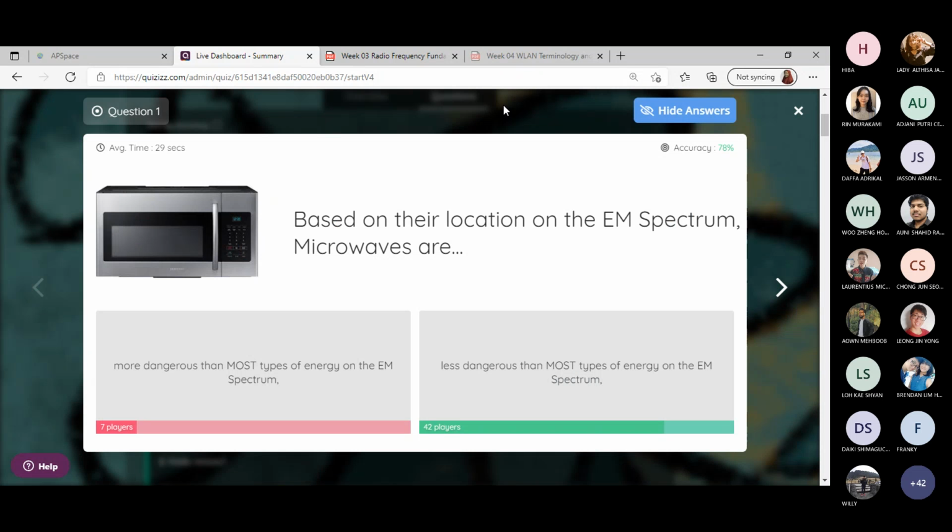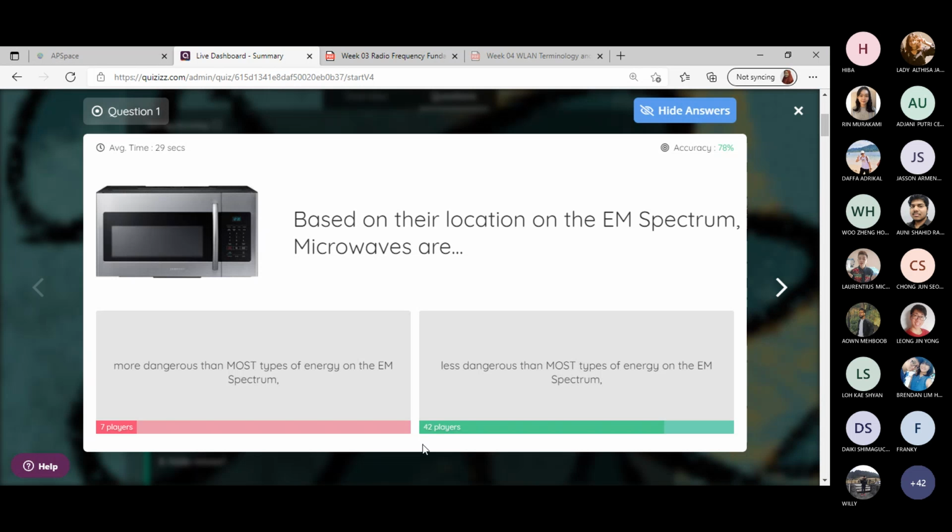Okay. So for the first question, I think this one is not hard. Logically you can understand, right? For example, this microwave, of course, is less dangerous. If it's dangerous, oh my God, we're not going to use it, or we're not going to have it at our home, right?